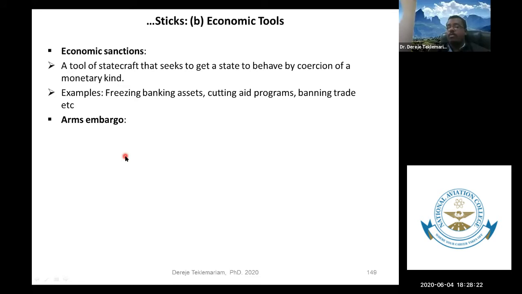Another economic tool next to economic sanction is the arms embargo. An arms embargo means stopping the flow of arms from one country to another. This flow is not free, as countries purchase arms. A very good example is when Somalia invaded Ethiopia during the time of Mengistu Haile Mariam. Ethiopia paid a huge amount of money to purchase arms from the US, but the US ultimately declined even after receiving the money.